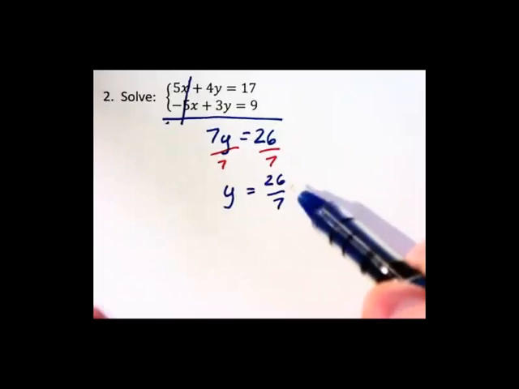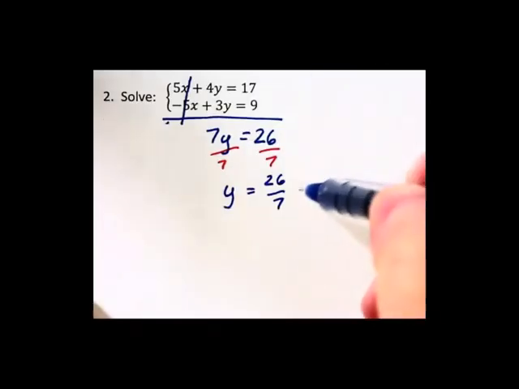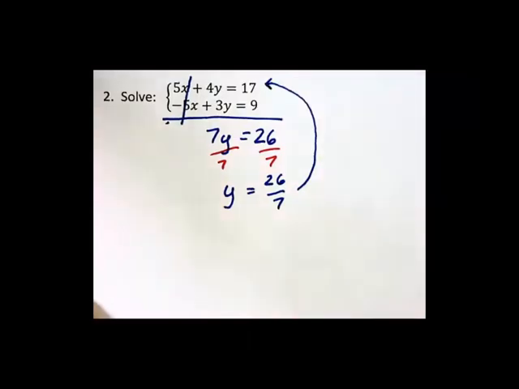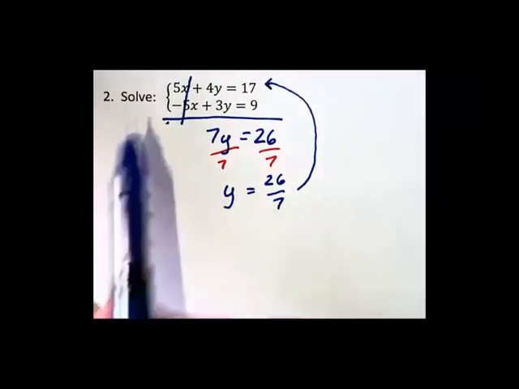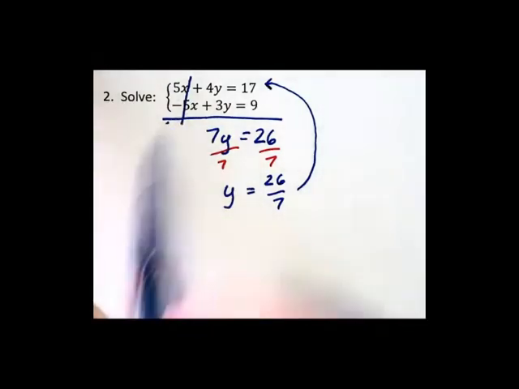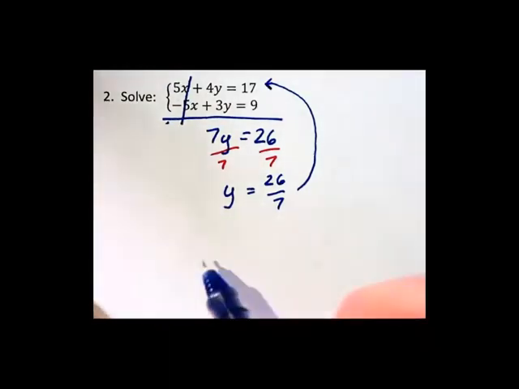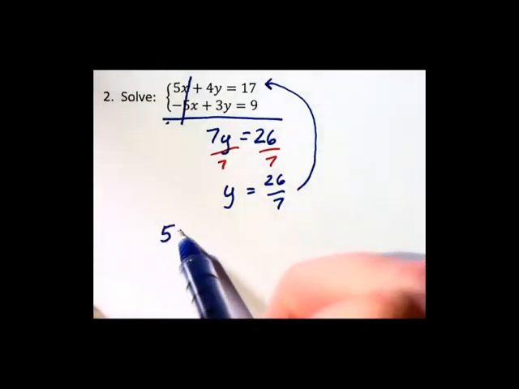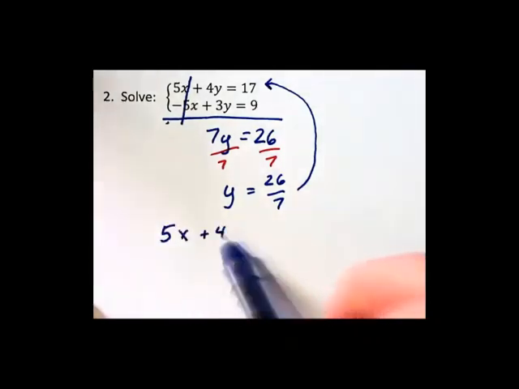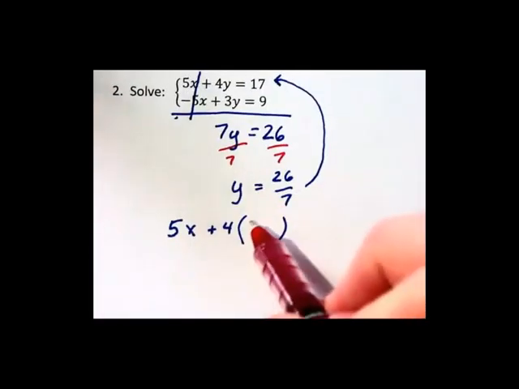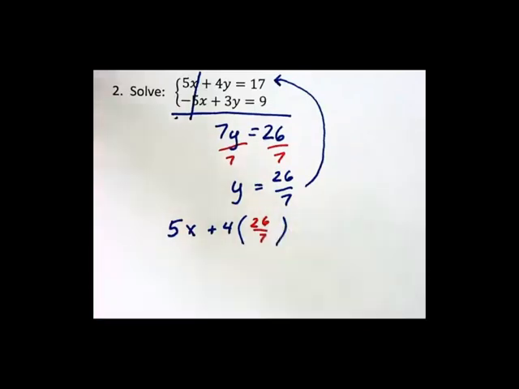Now we need to find the x value that goes with it, and I suggest we substitute back into the top of our two equations. I choose the top one because there's a positive 5x in front instead of the negative 5x, and we're solving for x and we'd like a positive coefficient. So here we go. 5x plus 4 times the 26 sevenths that we're going to substitute in equals 17.